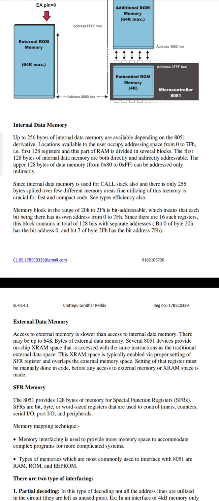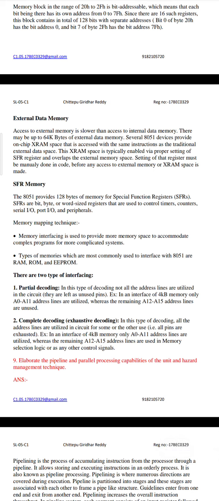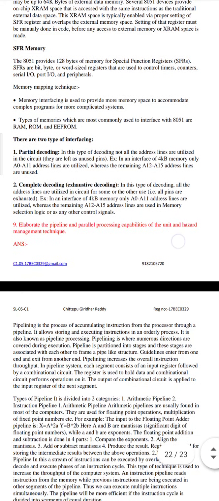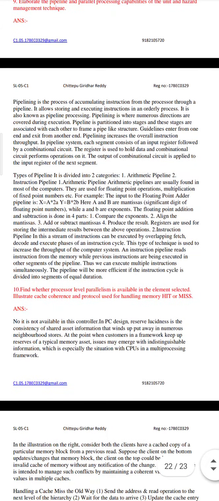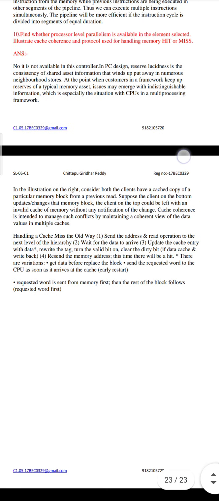Up to 256 bytes of internal data memory are available depending on the 8051 derivative. We also have external data memory. Access to external memory is slower than access to internal data memory. There are two types of interfacing: partial decoding and complete decoding. Whether process level parallelism is available in the element is selected.